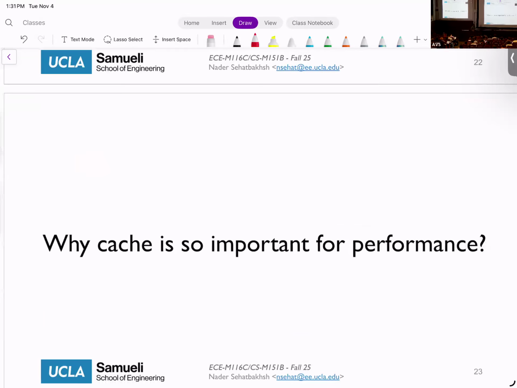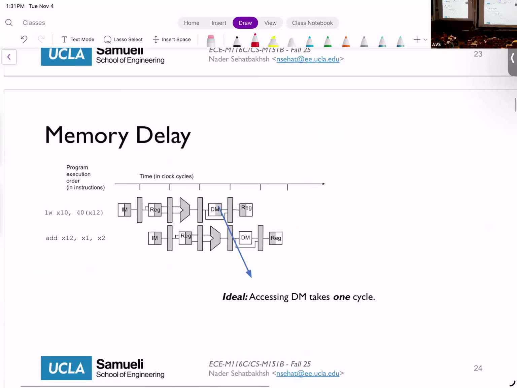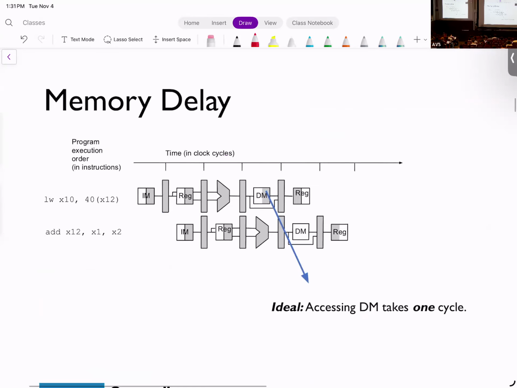So why is cache so important for performance? As I said before, so far we assumed that data memory access was just one cycle. One cycle fetch, one cycle decode, one cycle execute, one cycle memory, and so on and so forth. But this only means that we read things either from the flip-flops or from an SRAM that is very close.